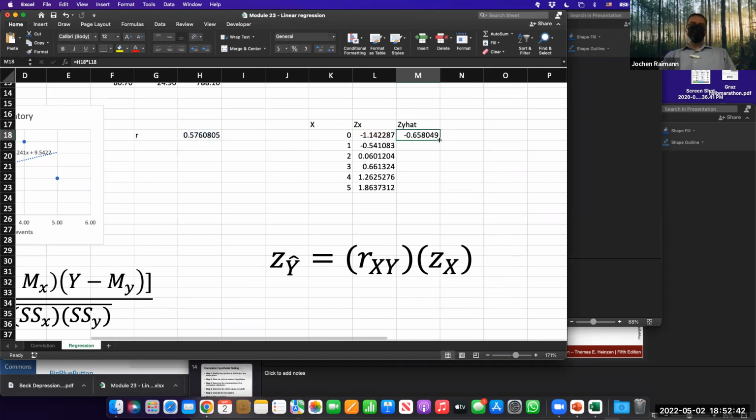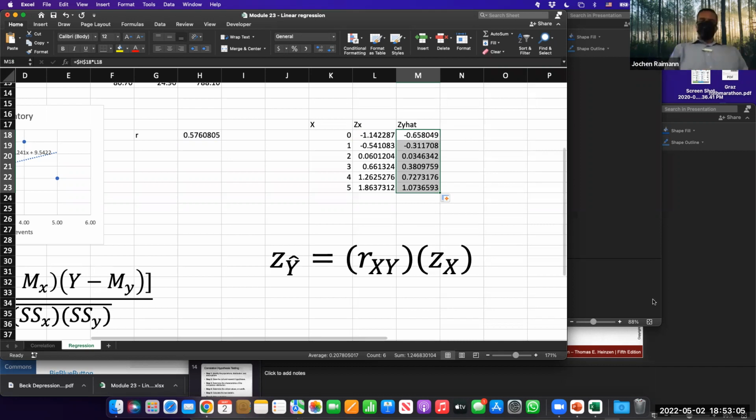Gives us a z y hat. And what is that? That is easy. Oh, of course, you need to lock it in. Page 18 needs to be locked in. So this gives us already an idea how z y hat will basically shape in the light of our z x.